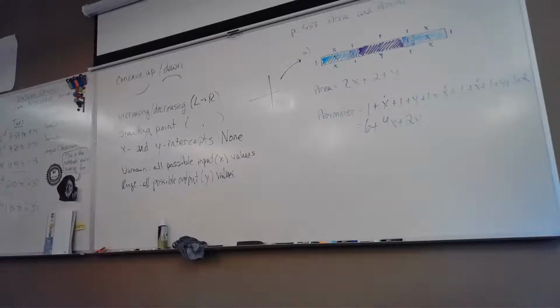Range, smoosh it onto the y-axis. Everywhere that there's a point after you smoosh your graph onto the y-axis is part of your range. If there's no points, then that's not part of your range. So you're going to smoosh it 2 times. Smoosh this way and smoosh that way.